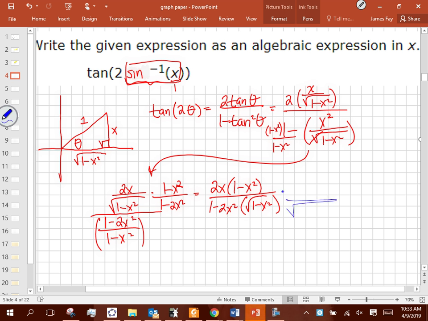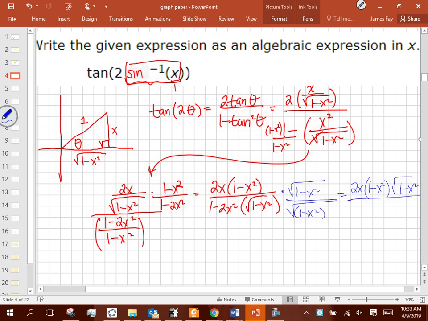So we'll multiply by the square root of 1 minus x squared, and up here, 1 minus x squared. Now, again, I'm not going to multiply anything. I'm just going to do the implied multiplication. On the bottom, again, just do the implied multiplication.